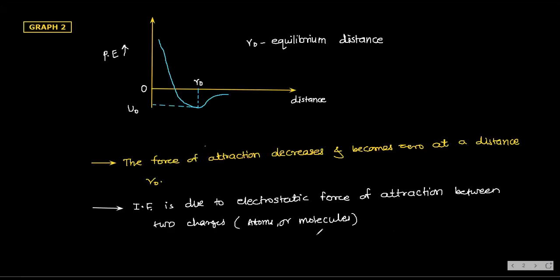Because this force exists between atoms and molecules, right? So electrostatic force between atoms or molecules is due to electrostatic force of attraction between the two charges. Next one, suppose we take potential energy like this.